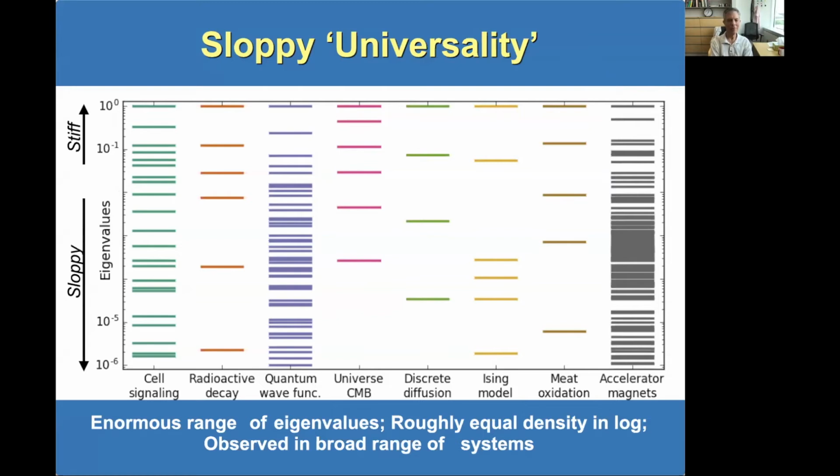So each of these has an enormous range of eigenvalues. They're roughly equal density in log, and they're all observed in a broad range of systems. And we've been spending the last 10 years trying to explain why this happens. And we have lots of other examples.